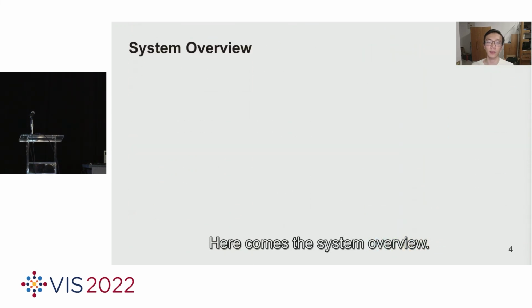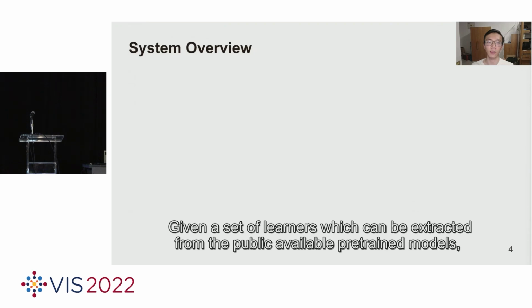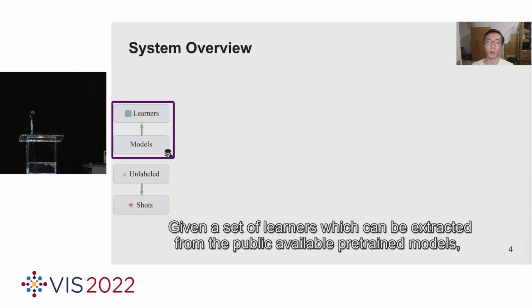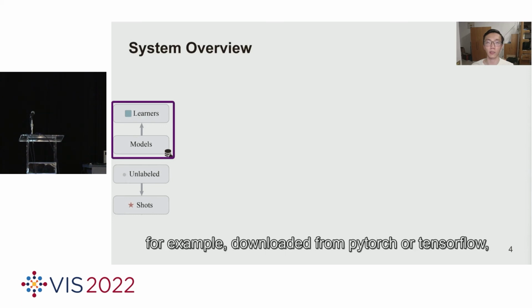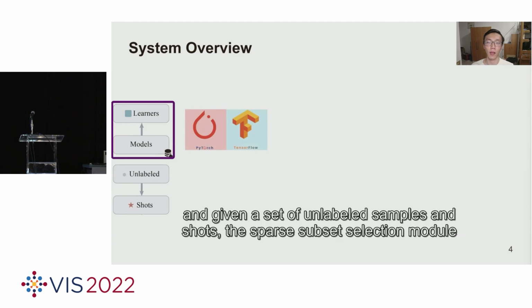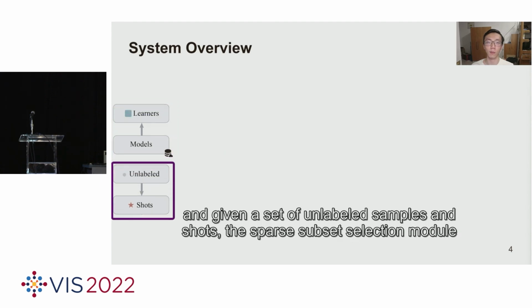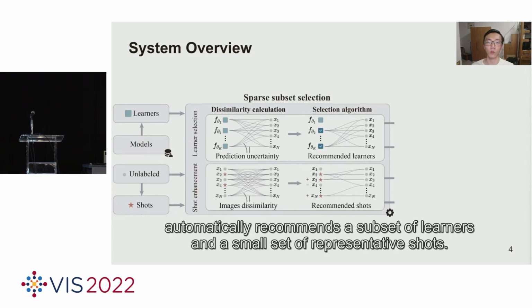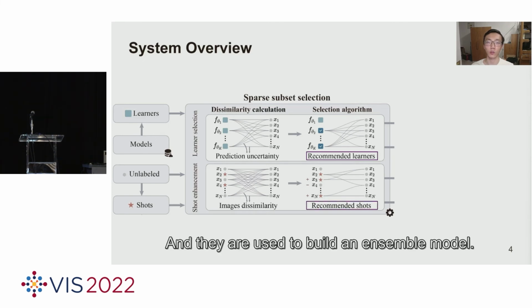Here comes the system overview. Given a set of learners, which can be extracted from publicly available pre-trained models, for example, downloaded from PyTorch or TensorFlow, and given a set of unlabeled samples and shots, the sparse subset selection module automatically recommends a subset of learners and a small set of representative shots, and they are used to build an ensemble model.